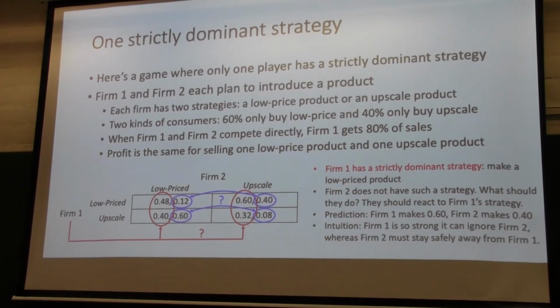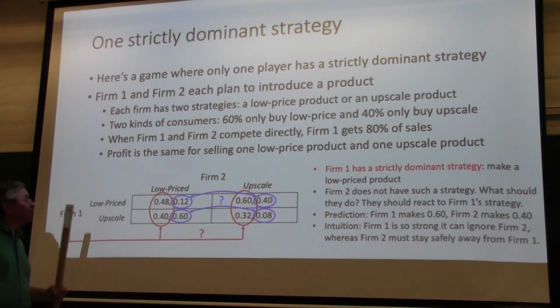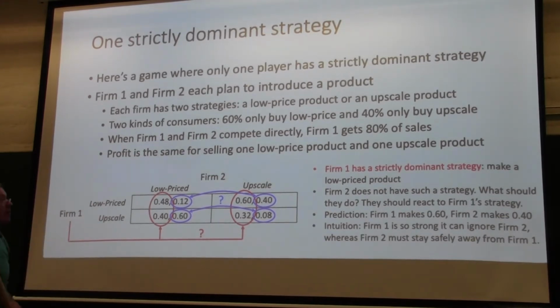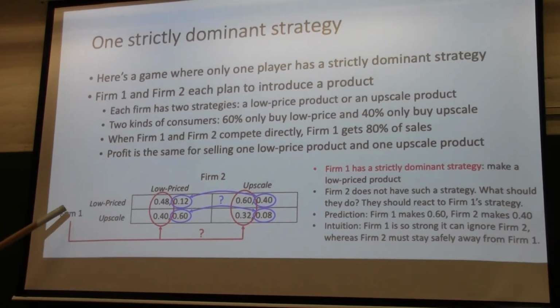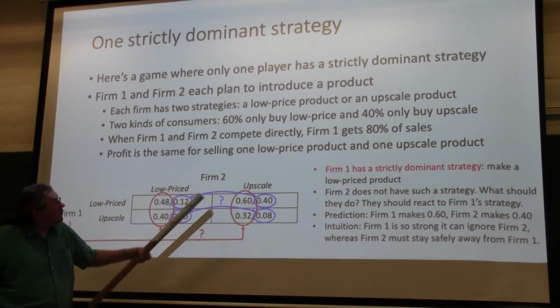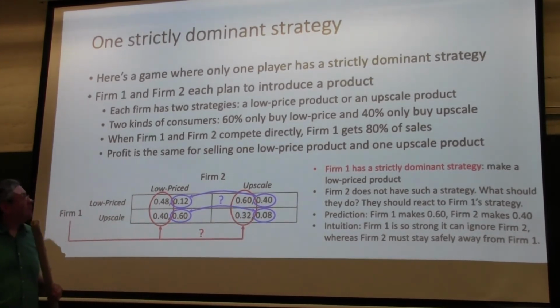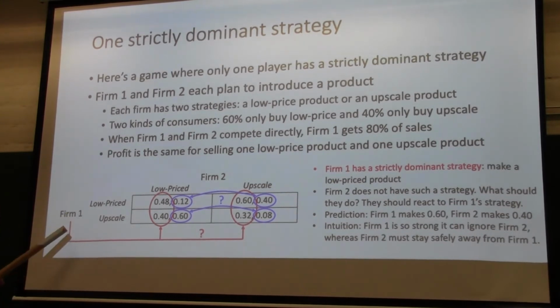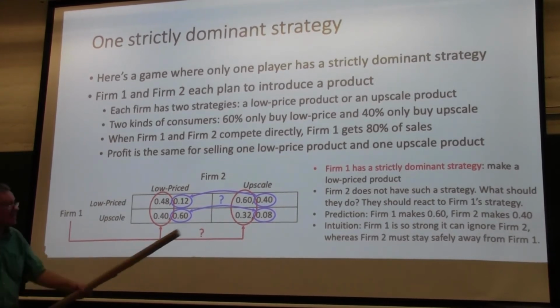So they will pick low price. And firm 2 is going to then react to firm 1's strategy. So basically, what's going to happen, if everything goes according to these rules, is that firm 1 will get 60% of the market, and firm 2 will get 40%. So the intuition here is because firm 1 has a dominant strategy, they don't care what firm 2 does.